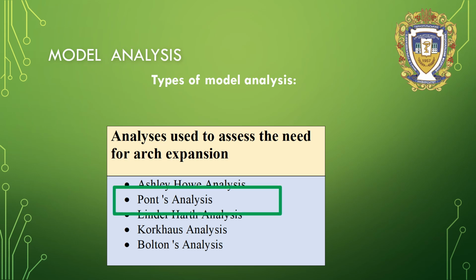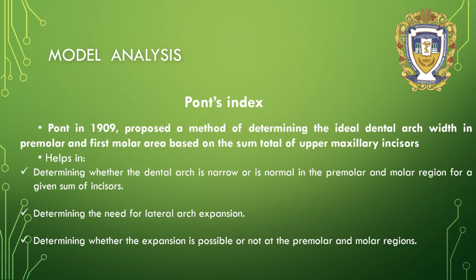Next analysis, Pond's analysis, or Pond's index. Pond in 1909 proposed a method of determining the ideal dental arch width in the premolar and first molar area based on the sum total of the upper maxillary incisors.